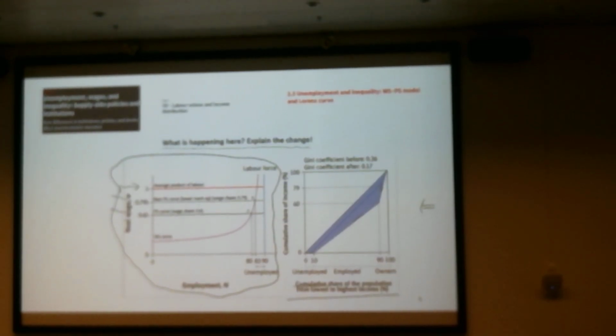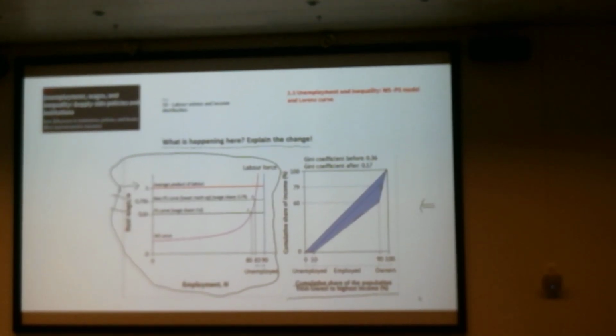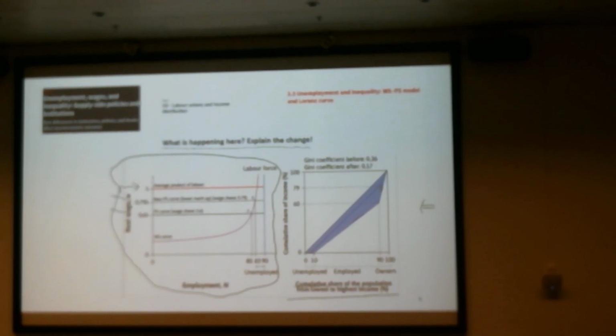So it goes up to 10. They have no income. What happens then for those between 10 and 90? That's the workers. They have an income. So we add number 11, 12, and we get 60% of the total when we get to 90.